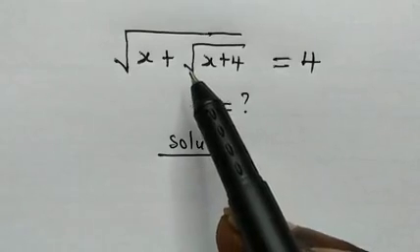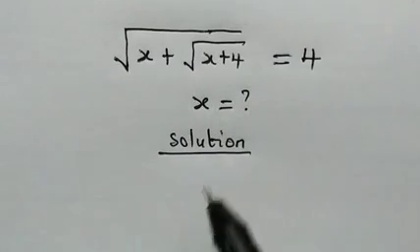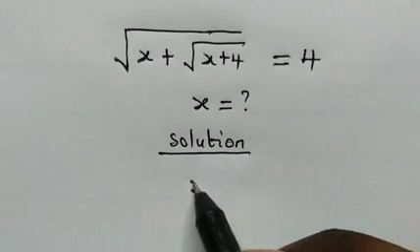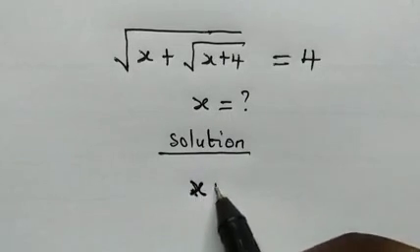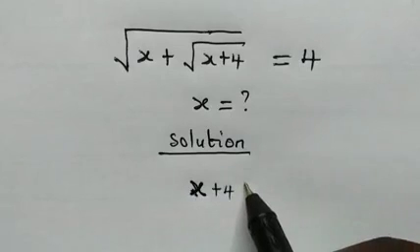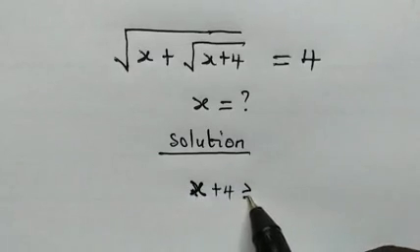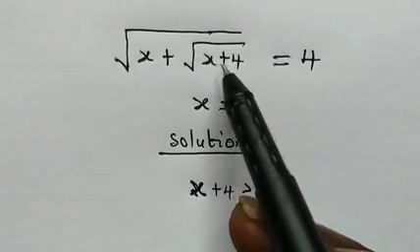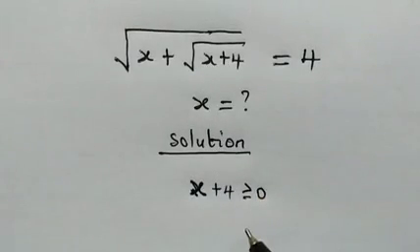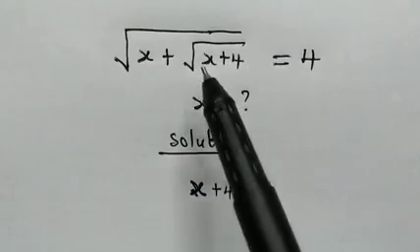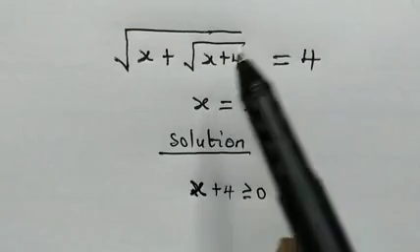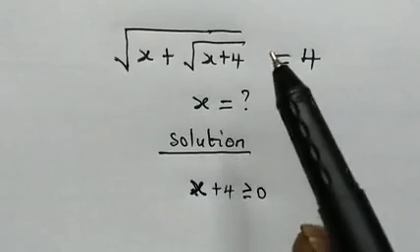Now, we want to check the domain of x. Let us first consider this root of x plus 4. So we know that x plus 4 must be greater than or equal to 0. If x plus 4 is greater than or equal to 0, then we have that square root of 0 exists, square root of 1 exists, square root of 2 exists, and so on.